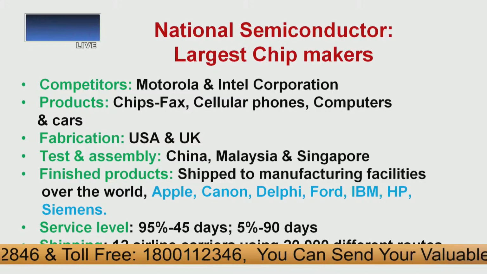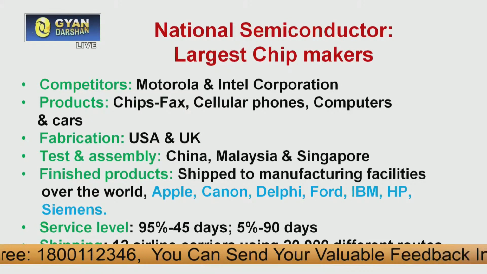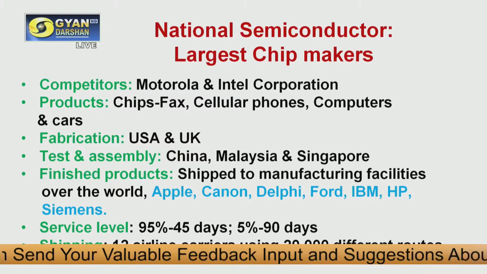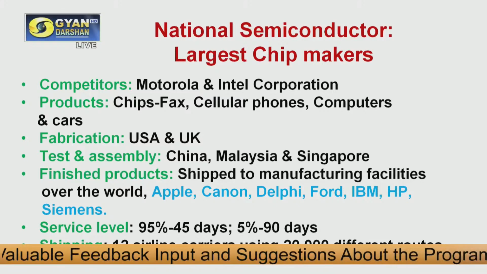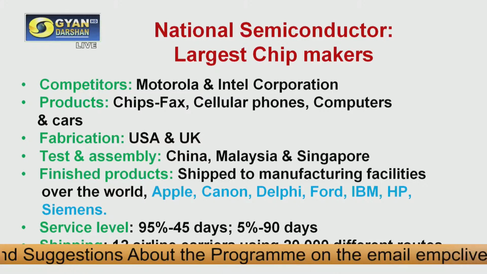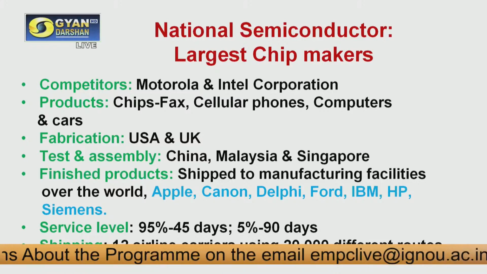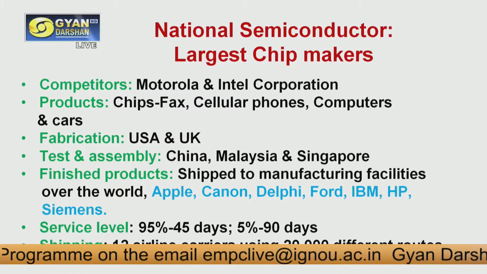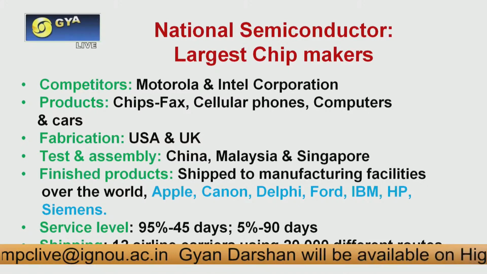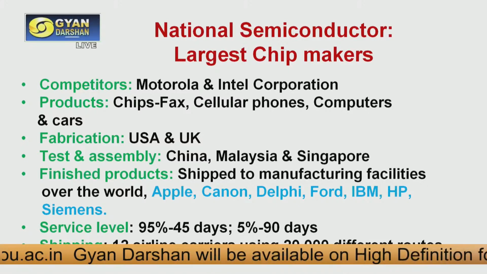Who purchases these products or components? They are Apple iPhone, Canon photocopier machine or X-ray machine, Delphi automobile company, Ford again an automotive company, IBM, HP and Siemens, both electronic giants.